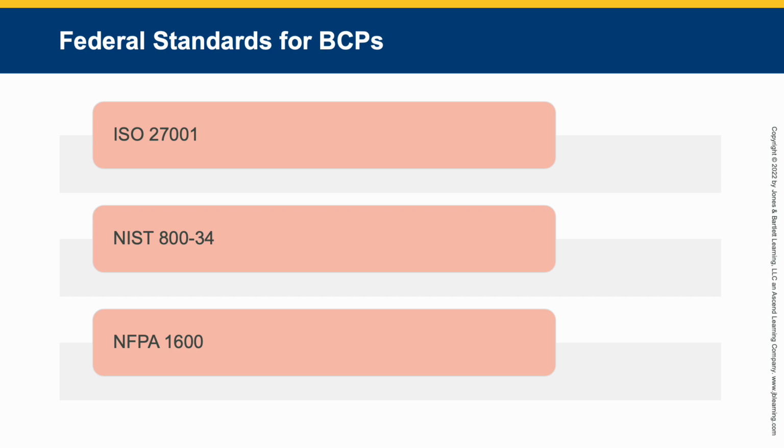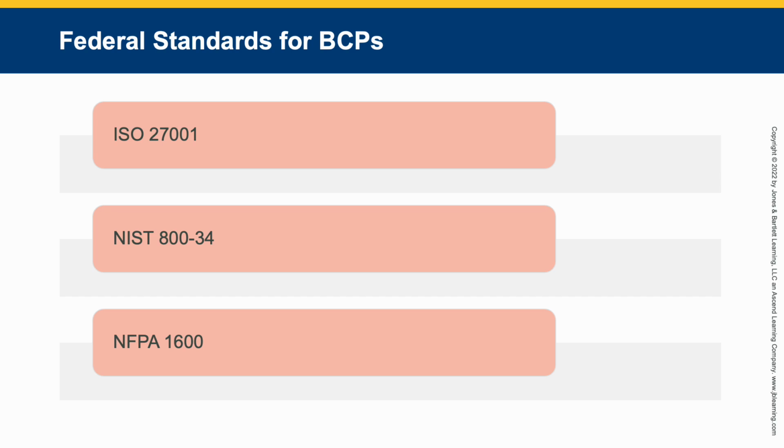Whereas NFPA 1600, the standard on disaster emergency management and business continuity or continuity of operations programs, offers a broader framework for business continuity and emergency management, complementing the contingency planning guidelines of NIST 800-34.